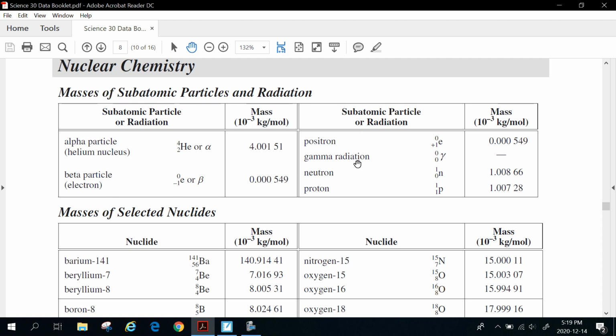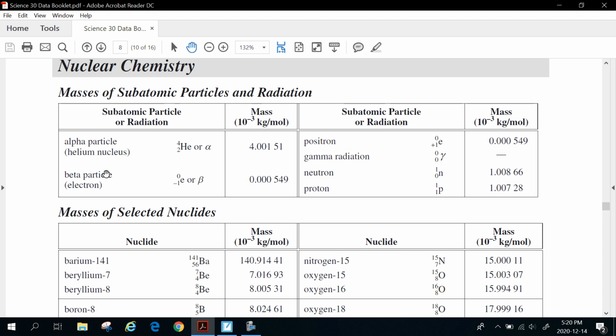Gamma radiation, this one here, we have the symbol for it. 0 for both the atomic number and the mass number, because, well, it has no mass. And as I mentioned, it does also have the positron in here as well. Positron is essentially the same as an electron, a beta particle, same mass, only one has a positive charge, the positron, and the beta particle or the electron has a negative charge.